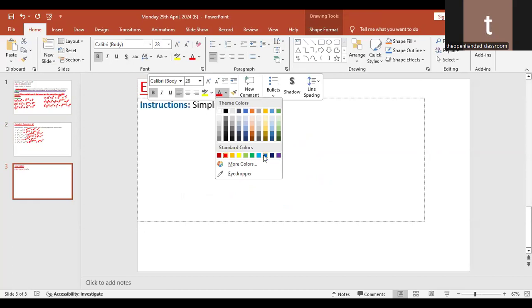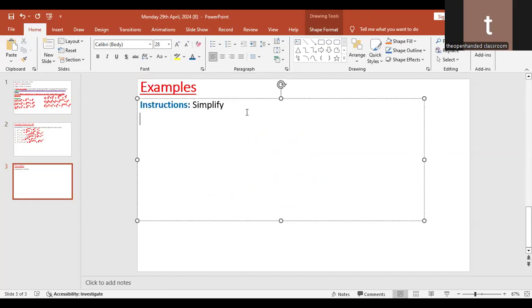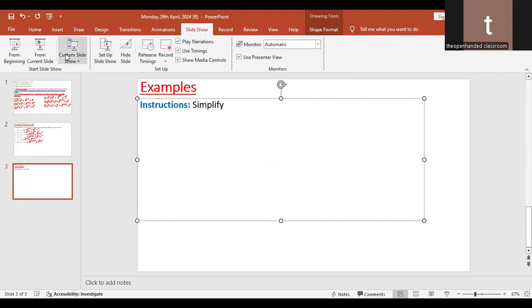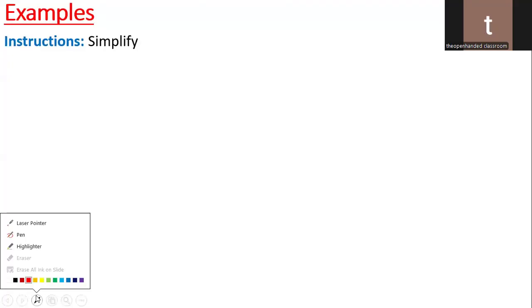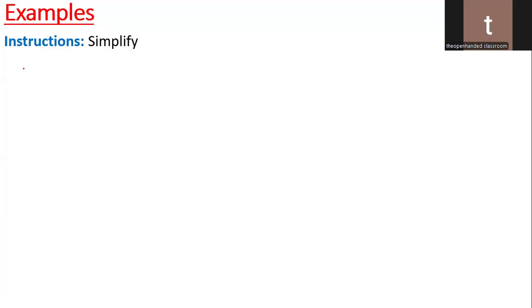So let's say we have this. We could call this number one. Let's say we have 6b squared multiplied by 3b to the power of 4.